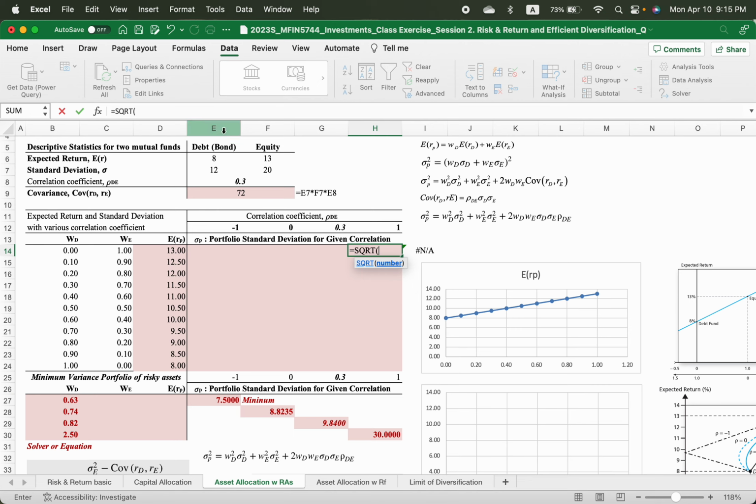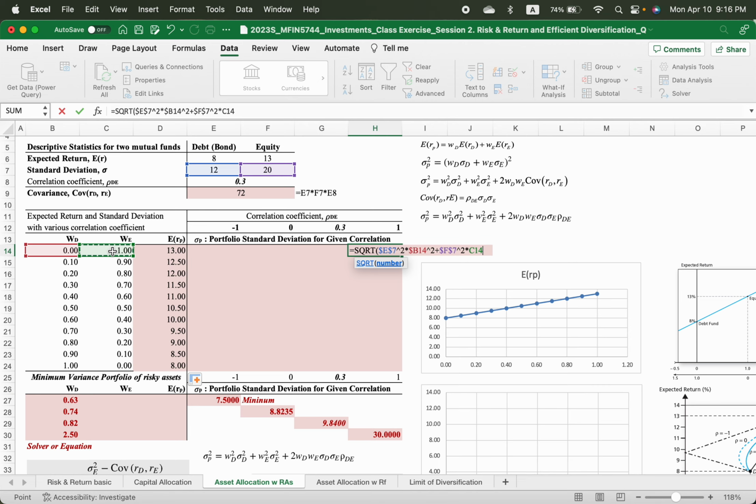Let's go to the standard deviation of debt. We want to fix it so that it doesn't move, to the power of 2, times the weight, but I want to fix the column, to the power of 2, plus the standard deviation of equity, which we want to fix, to the power of 2, times the weight.